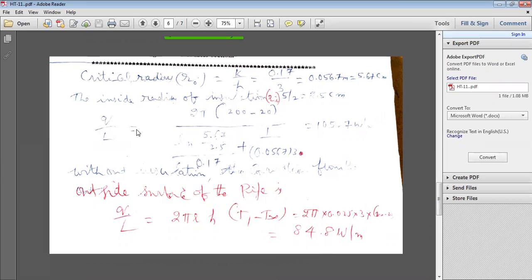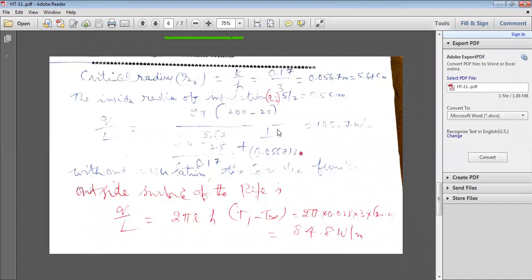So Q by L is equal to 2 pi times (T1 minus T free stream). T1 is 200 degrees centigrade, minus the temperature of the outside air or fluid, the free stream temperature, 20. Since it is a difference, I'm directly taking centigrade.